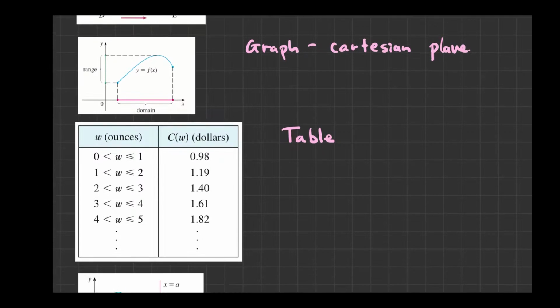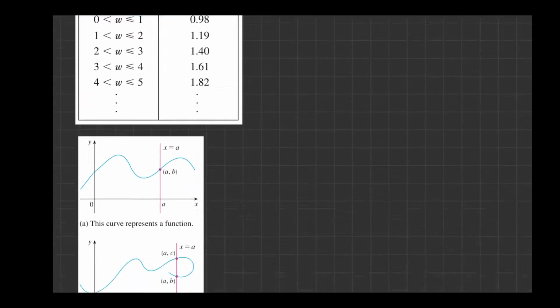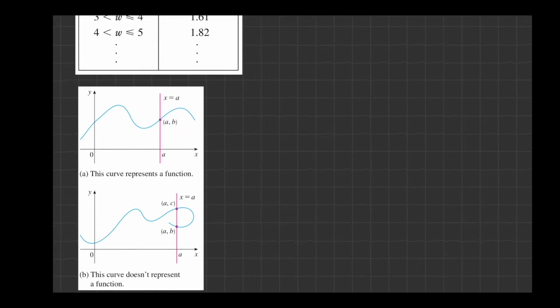All right, there are a few things that we should know as well. We may have heard of the vertical line test. Is this something that you've seen before?